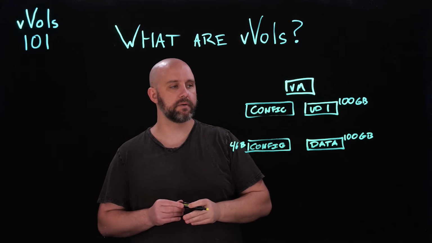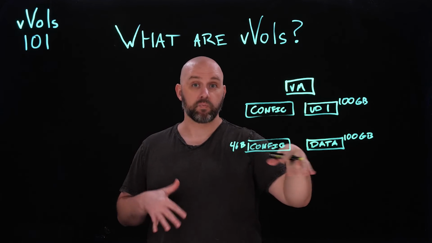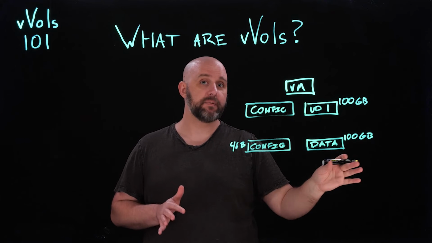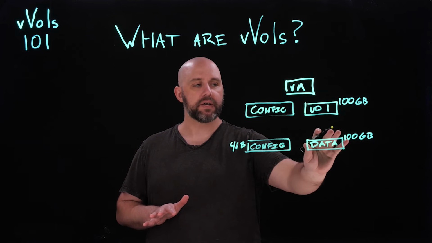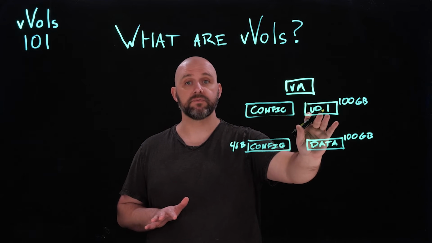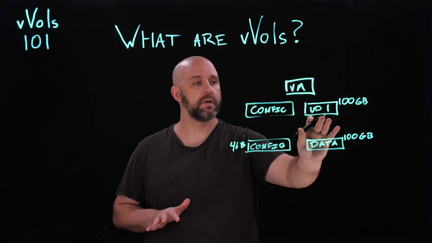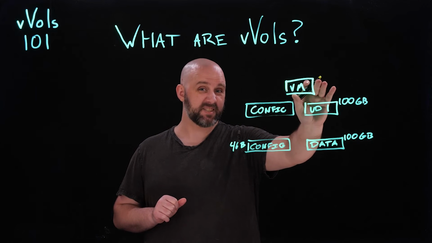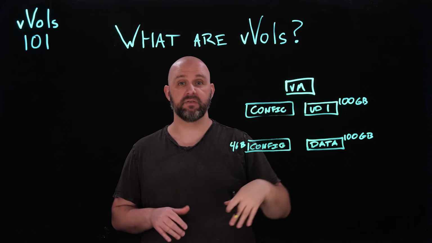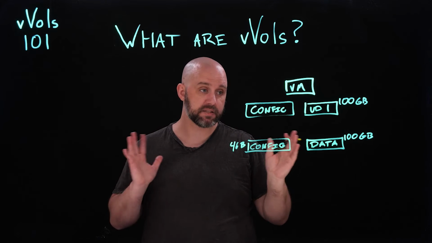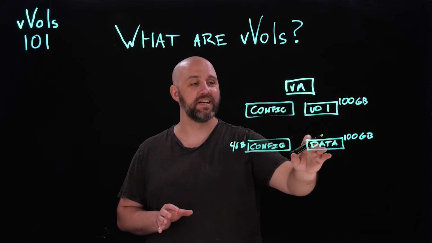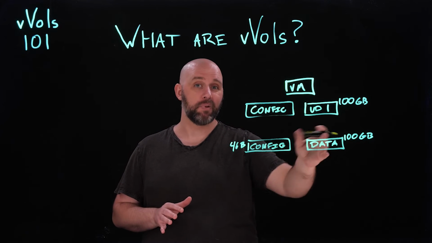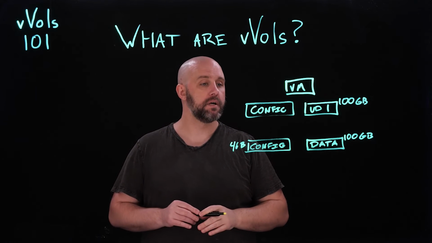So in this case, 100 GB. And so this is a raw device. It's not formatted with VMFS. It doesn't have a VMDK encapsulation on it. It's a raw device that is mapped directly to this virtual disk for the VM. And so now whatever the guest level formats this with, whether it's NTFS, XFS, whatever file system of choice, that's what will then be formatted on this data vVol.